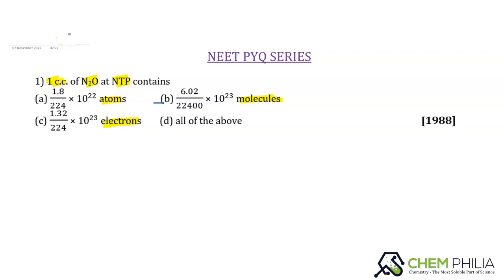The point is 1 cc of N2O, right? So the volume of N2O is 1 cc. Now we all know that the volume of 1 mole of any gas at NTP is 22400 cc, right?